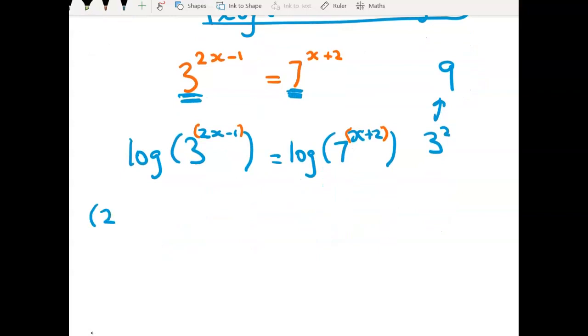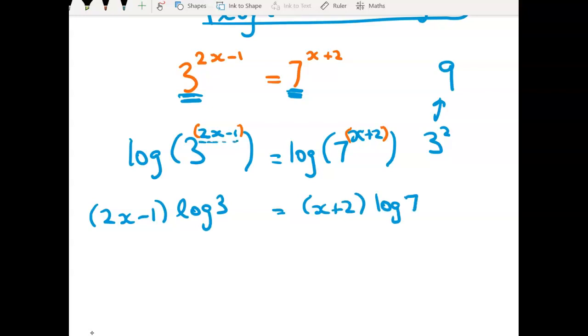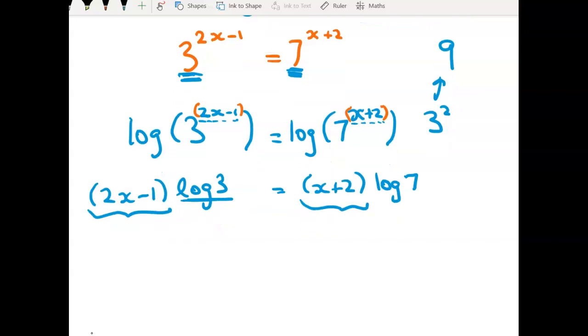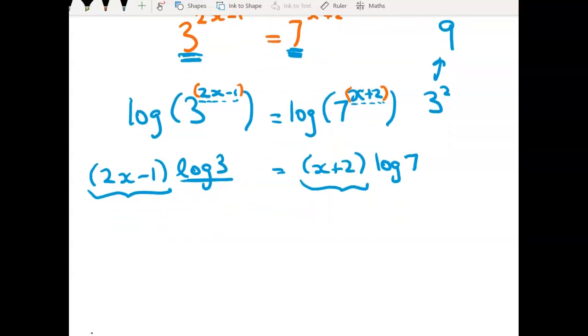And on the left-hand side, I get (2x minus 1) times the log of 3 equals (x plus 2) times the log of 7. Now, back up here, it was pretty much optional to have those brackets in there, but it's crucial that you've got them in here now because we're saying that the log of 3 is getting multiplied by all of this here.